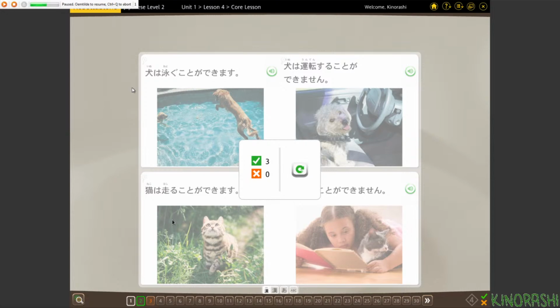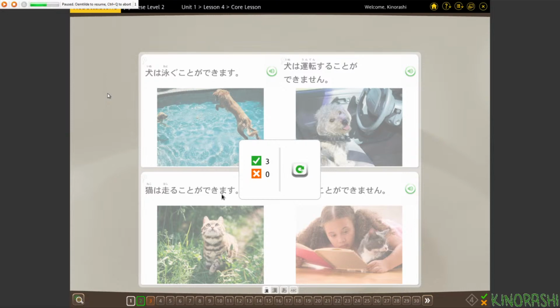But hon o yomu koto means the idea or act of someone reading a book. I believe dekimasu would also help with figuring koto out, as it says it has a lot of meanings.